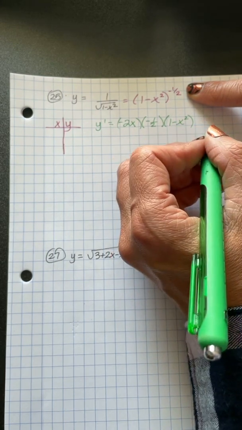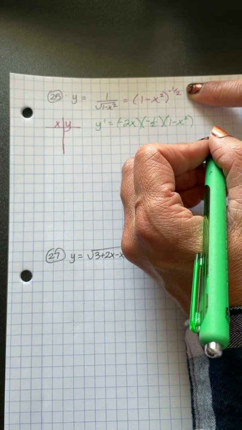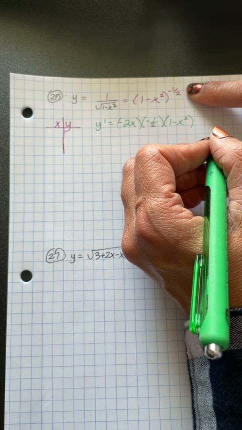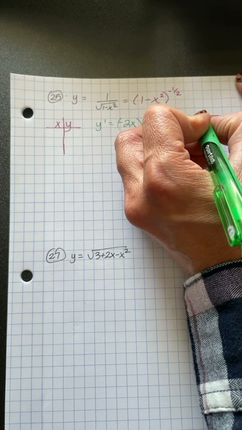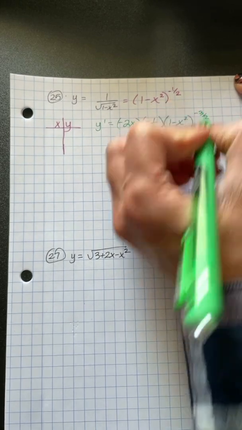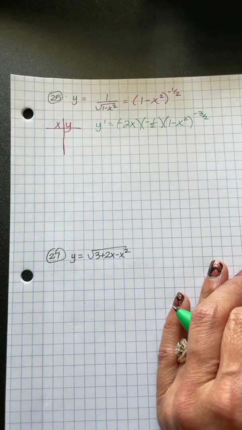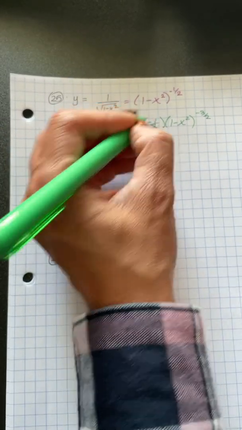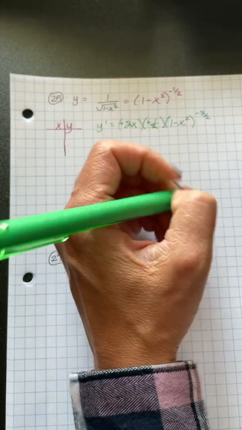So now negative 1/2 minus 1 is negative 3/2. Negative 1 1/2. All right, so let's clean this up a little bit. So those cancel, and a negative times negative is positive.